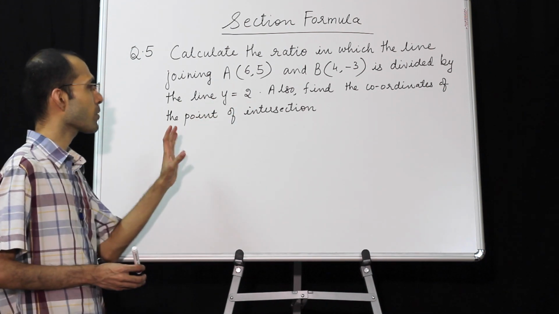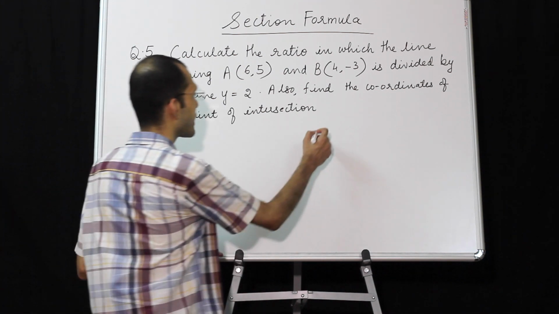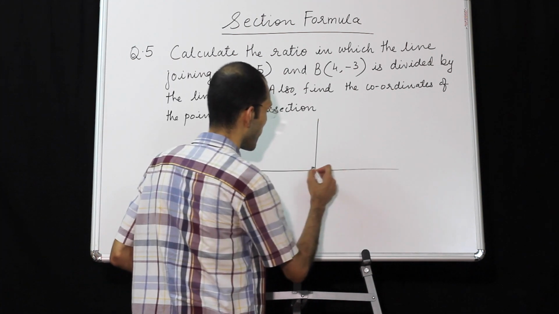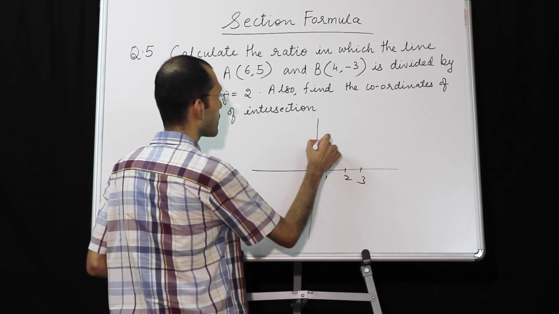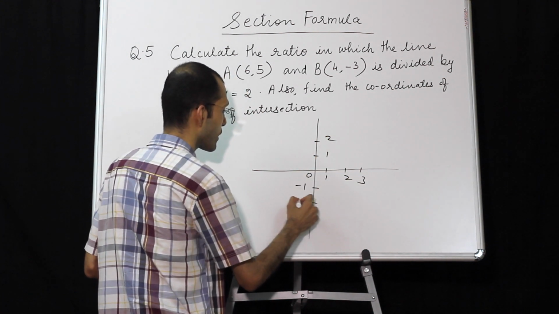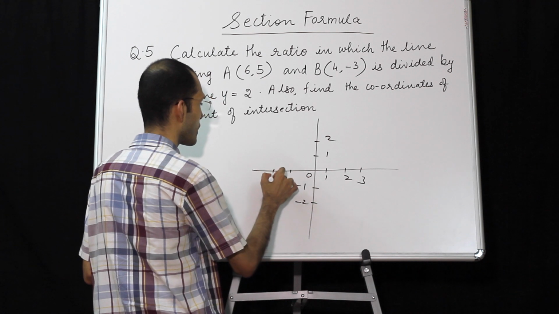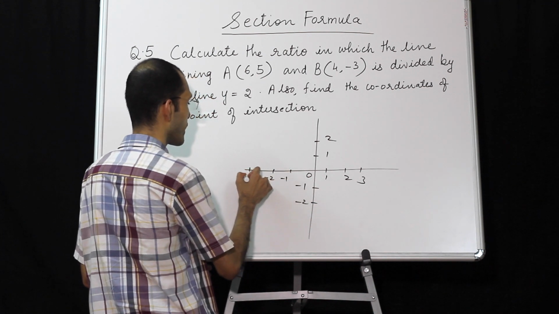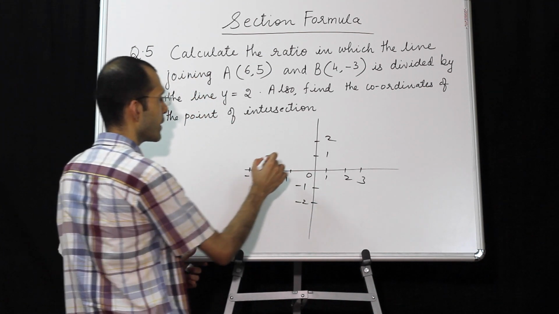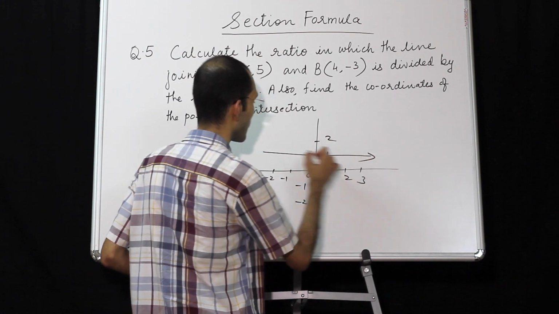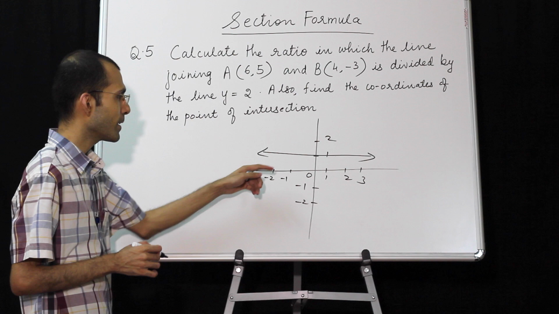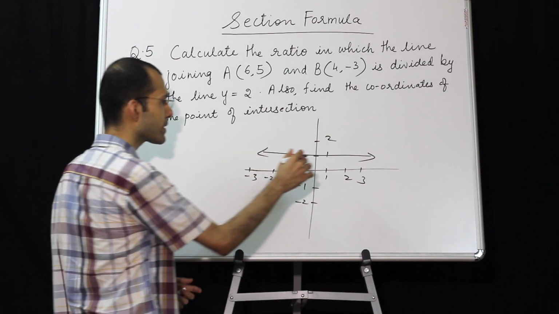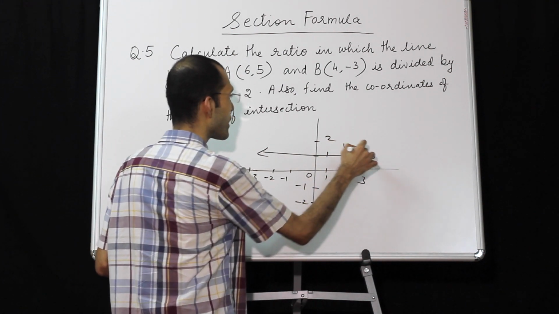In case you have forgotten some basics, let's have a quick recap. This is say 0, 1, 2, 3. This is 1, 2. This is minus 1, minus 2, minus 3 and so on. If I draw a line like this, parallel to x-axis, then the equation of this line will be y equaling 1.